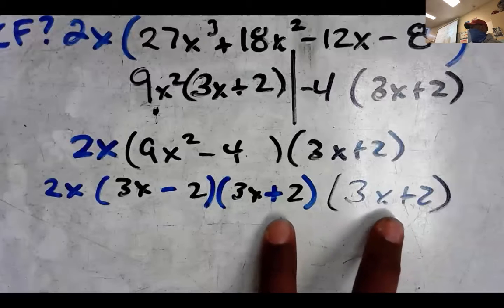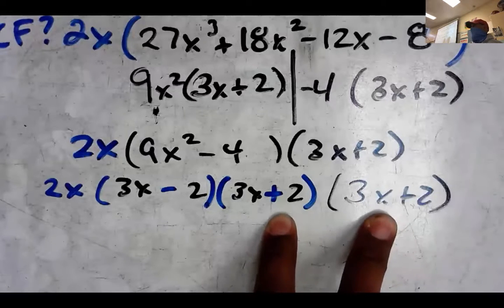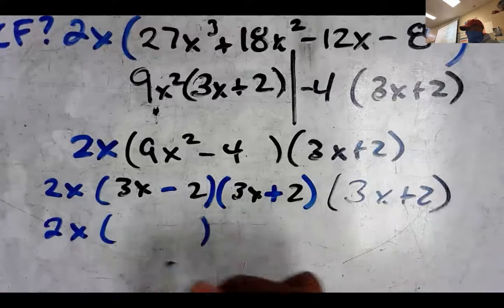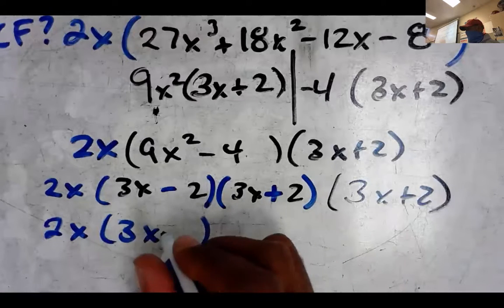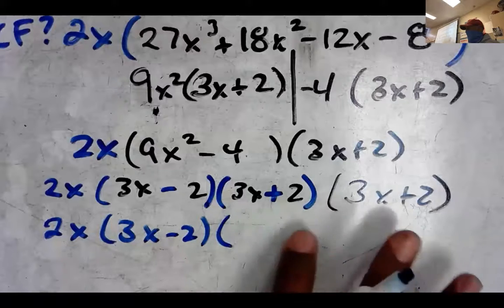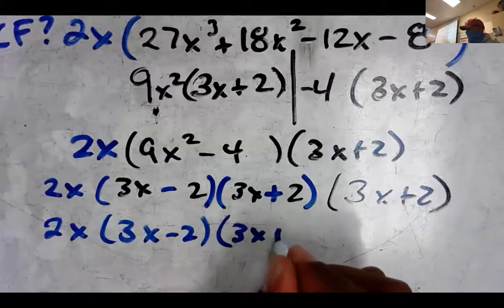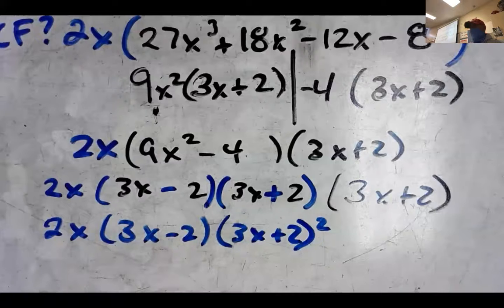If you guys remember, how can I write this differently instead of writing 2 of them? Right, what's that called? An exponent. So any time you get 2 that repeat, then you can just write squared like that, okay? Just to simplify your answer a little bit.